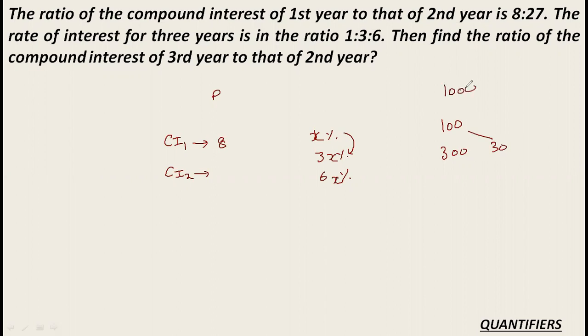If principal was 1000, 10% for first year, 30% for second year, my interest was tripled on the base amount. So can I say if it is tripling on the base amount, my 8 will also triple. It will become 24. Whatever my principal was, its x% was 8, its 3x% will be 24. Simple as that. Now the total interest is 27, which means you are getting an additional interest of rupees 3.